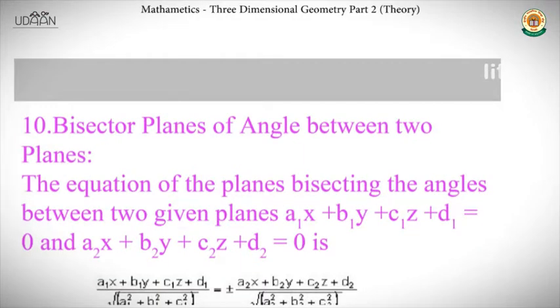Now let's get moving. In this slide we'll learn about bisectors of planes, as well as how to derive their equations and remember them. We'll now focus on the bisectors. So we have two planes given. Let's say this is P1 and this is P2.